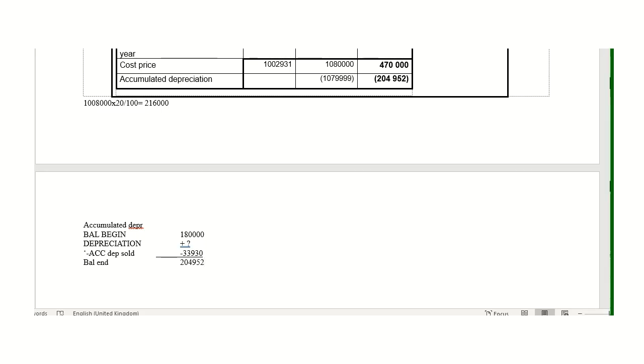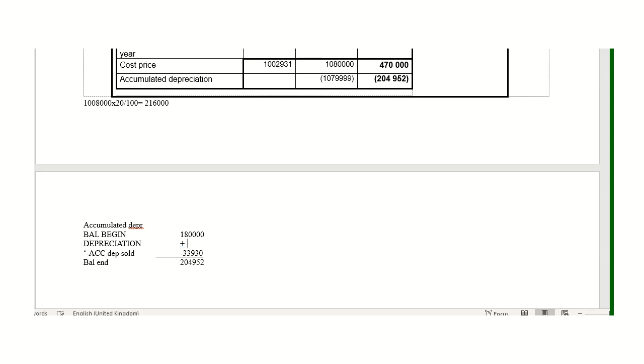Now I can work back to get to the missing item, which is my depreciation for the year. So it's 204,952, then I do the opposite. I minus there, so I'm going to plus. So it's 204,952 plus 33,930, and then minus, because it's a plus there, 180,000.